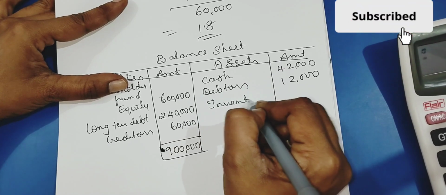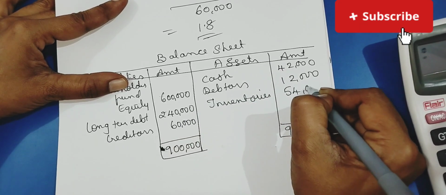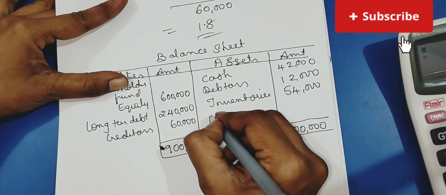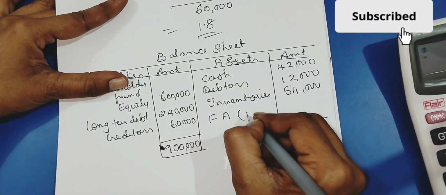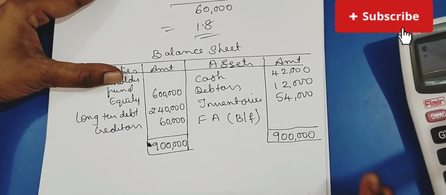Inventories is 54,000. Now whatever the remaining balancing figure is, we will consider as our fixed assets.